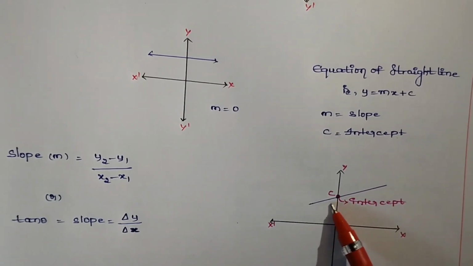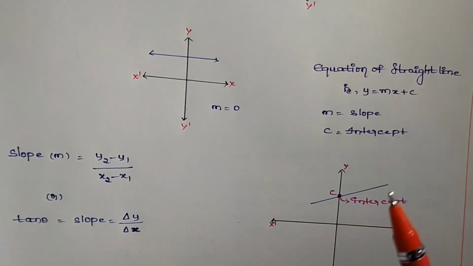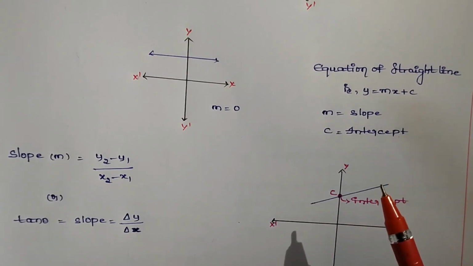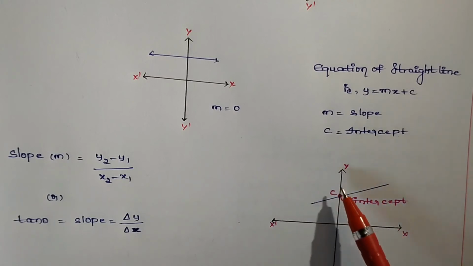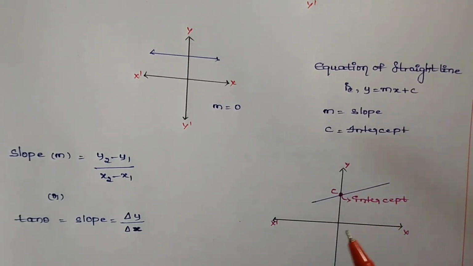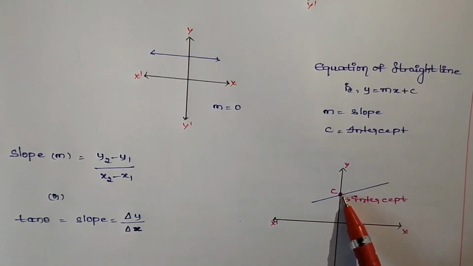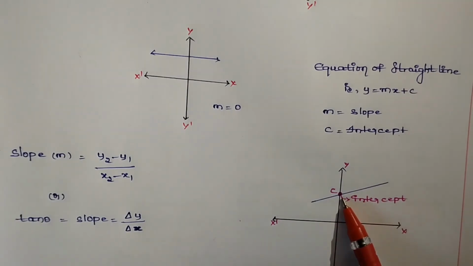If we do not specify whether it is the x-axis or the y-axis, one can take the intercept of a line to be on the y-axis. The intercept of a line is the y value of the point where it crosses the y-axis. Here c we are taking as the intercept. That particular point where it crosses the y-axis is nothing but the intercept.